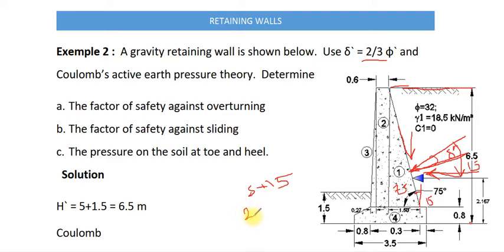Delta is 2/3 multiplied by 32, plus 15. The value of this force times cosine this angle gives us the horizontal force, times the sine this angle gives us the vertical force.